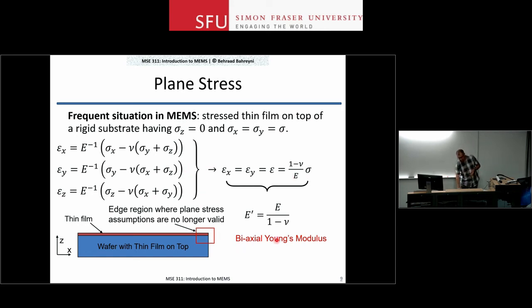How much stiffer? Well, considering a nu of about 0.2 to 0.3, the material appears to be 20 to 30% stiffer than bulk material. And that has to be taken into account, especially if you're designing for a given resonant frequency or a given stiffness. You have to take that into account. Or you have to find a way to get rid of the stress in your film. And depending on the application, one may be easier than the other.